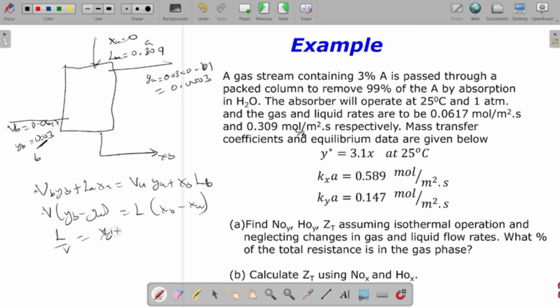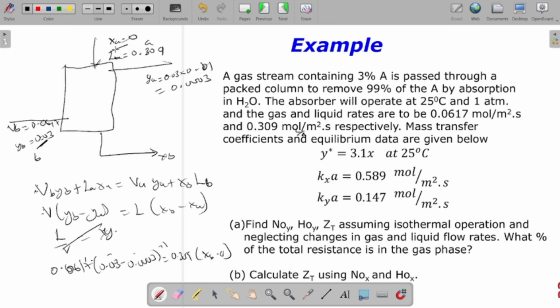So let me just put this over here. The V over there was given as 0.0617, then my YB is 0.03, minus YA of 0.0003, equals L, which was given as 0.309, times XB, the one I'm trying to find, minus 0.